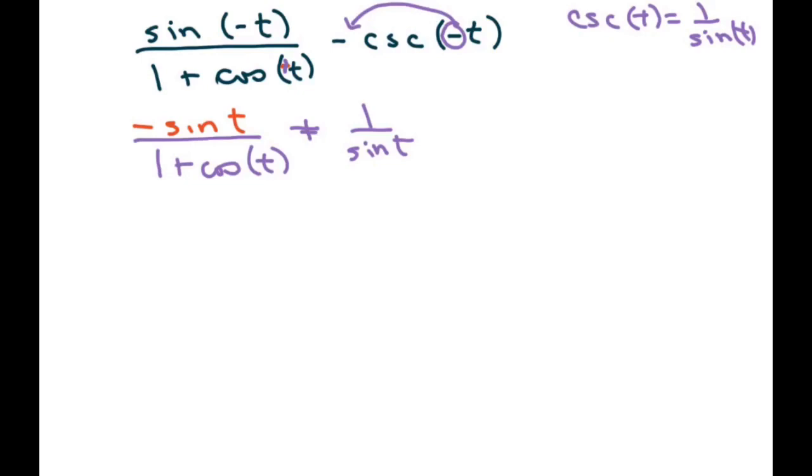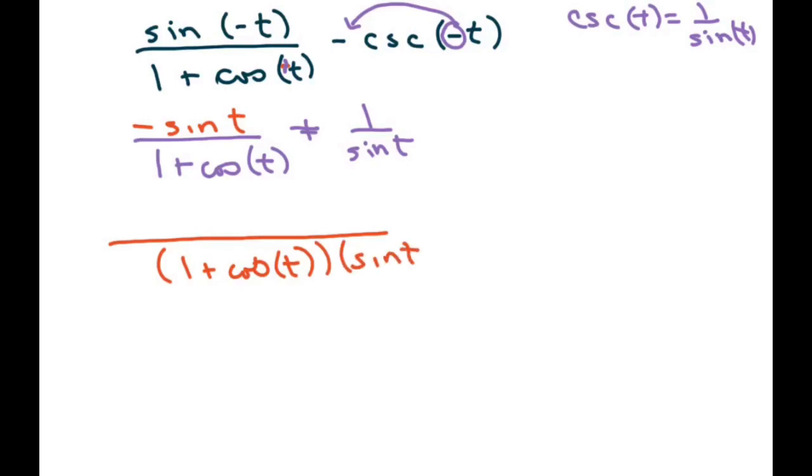Therefore, my common denominator is 1 plus cosine of t times sine of t. Now, I'm just going to cross here, and you're going to get negative sine squared of t plus, and I'm going to cross that one up here, 1 plus cosine of t.